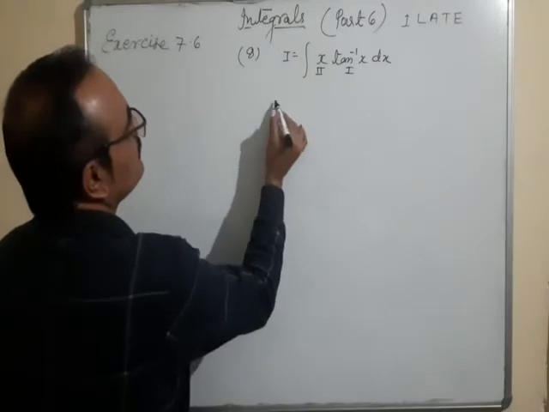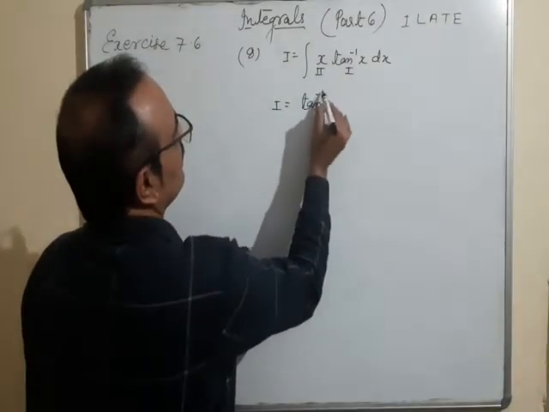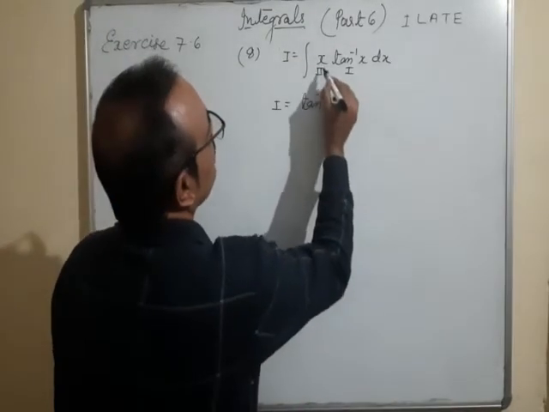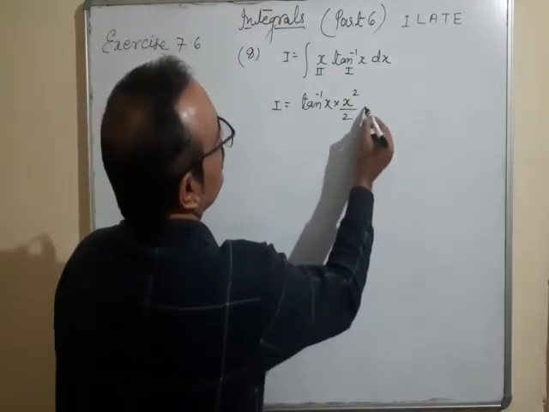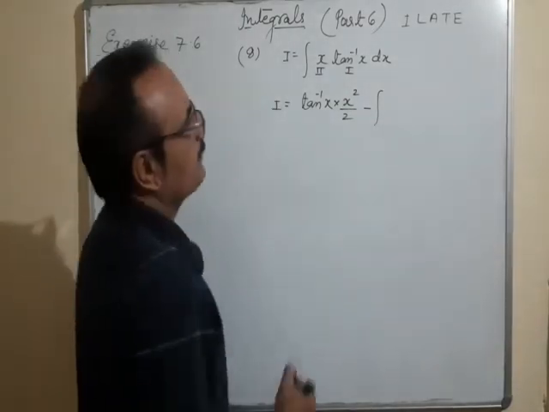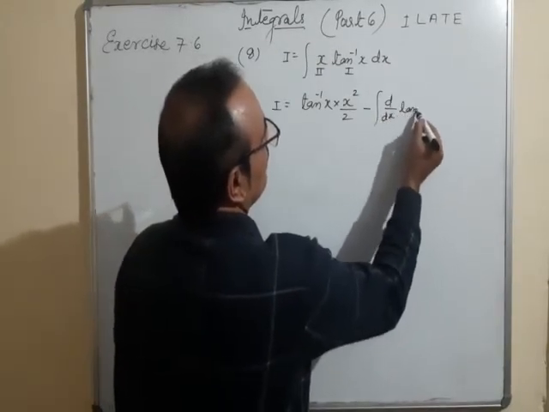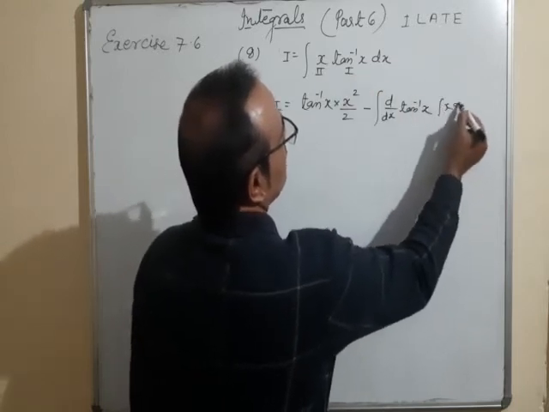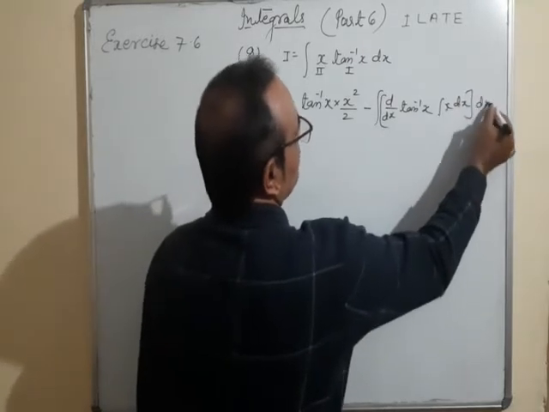I is equal to first function tan inverse x, integration of second, integration of x. What is this? x square upon 2, minus differentiation of tan inverse x and integration of x dx and whole integration of it.